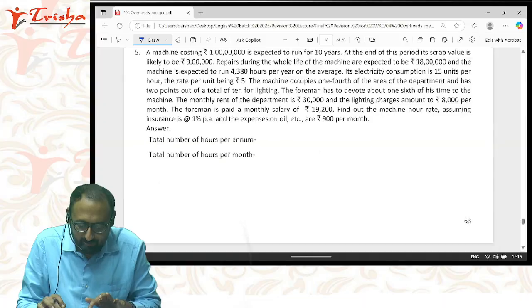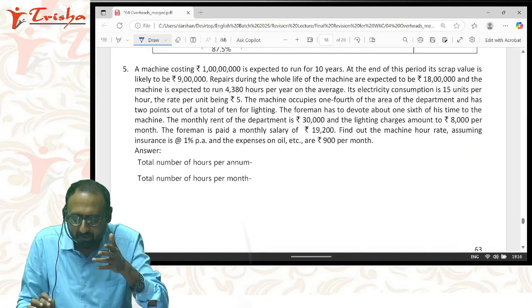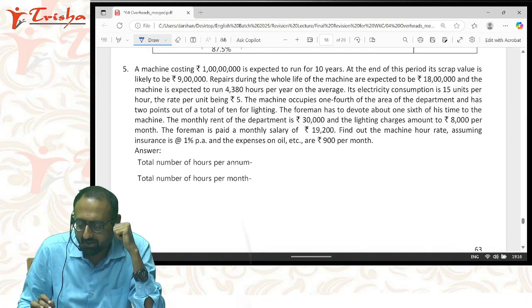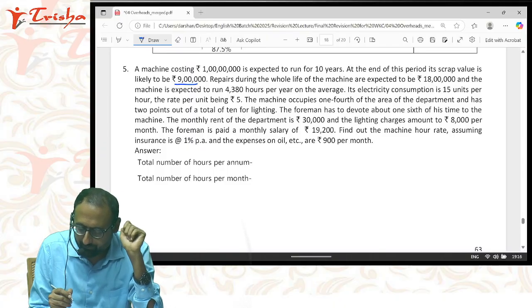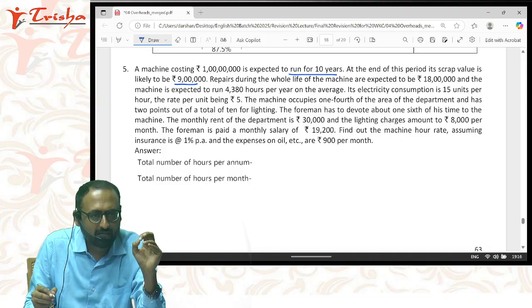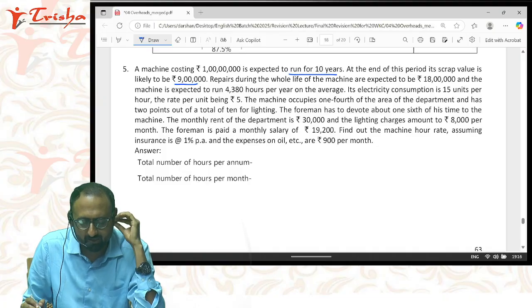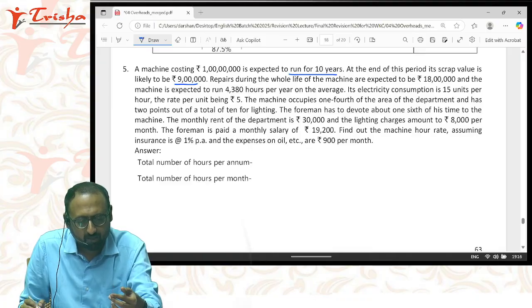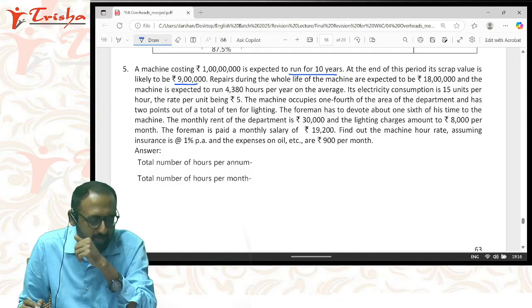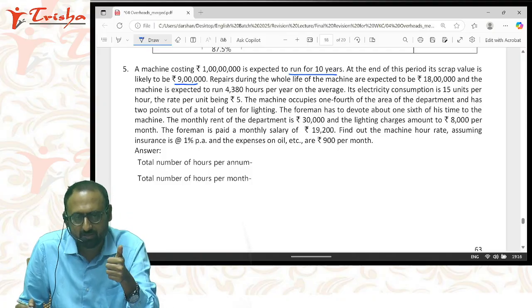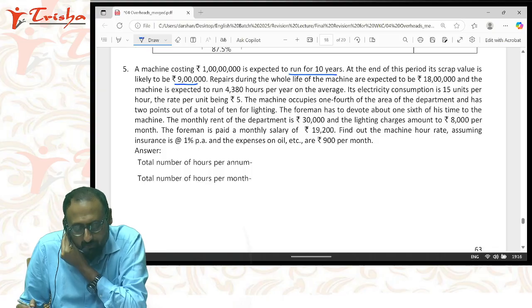A machine costing rupees 1 crore is expected to run for 10 years. At the end of the period, its scrap value is likely to be 9 lakhs. Sir, please tell me the life of the machine given in years, 10 years. Quickly tell me, Sirji, depreciation will be standing charges or variable expenses? Standing charges. Yes, Sirji. So, how much will be the depreciation?